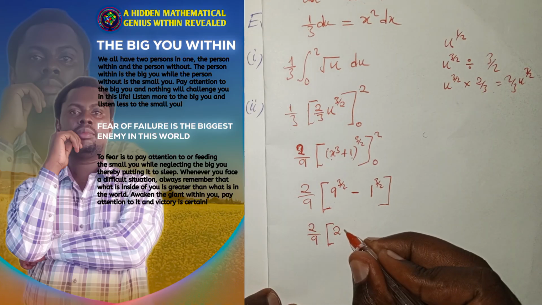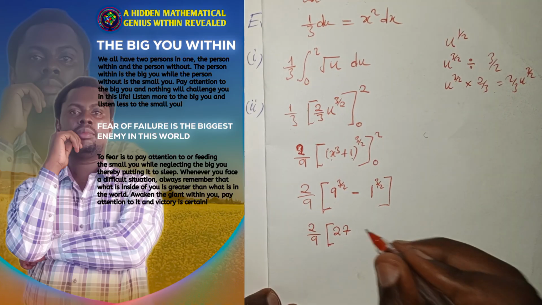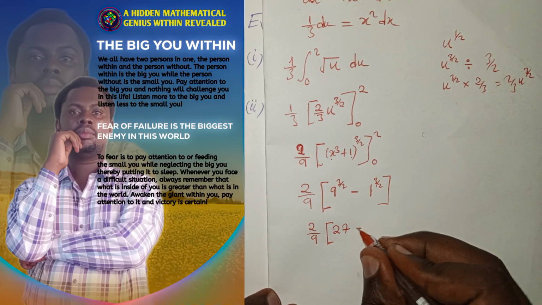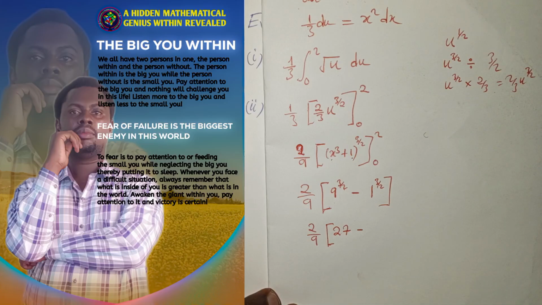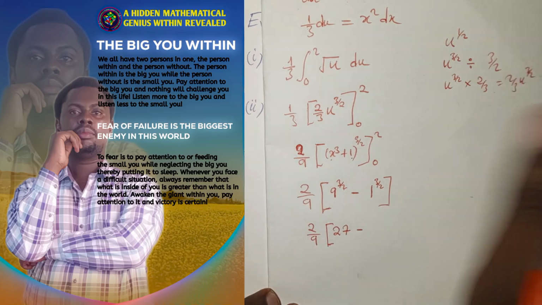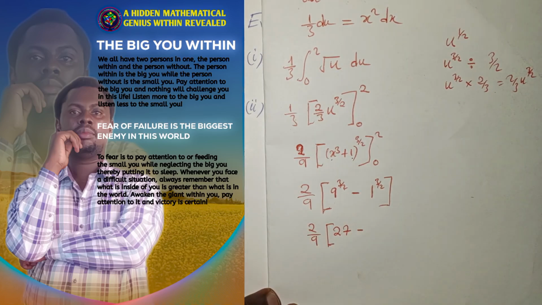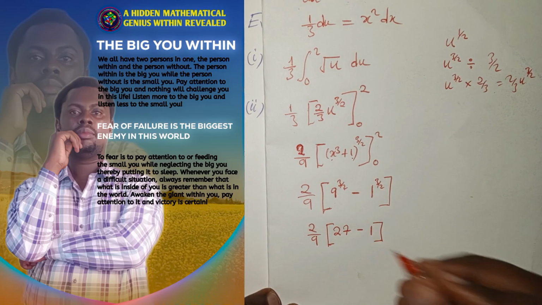So you have 27 minus 1. 1 to the power any number is just 1, because the square root of 1 is 1 and 1 to the power 3 is 1. So we have 1 there.